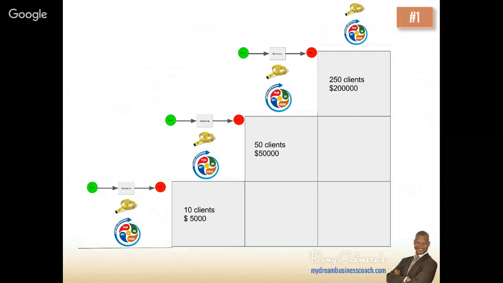Now, these levels might mean, for instance, sales or the amount of clients you can service. 10 clients, $5,000. 50 clients, $50,000. 250 clients, $200,000. If you are not measuring your results, then you can never climb and play at a higher level with your business. So measuring your activities is very important.